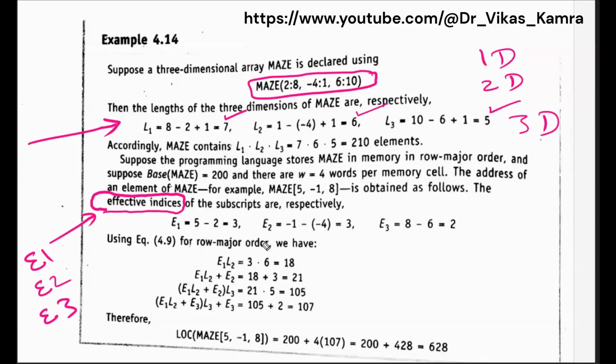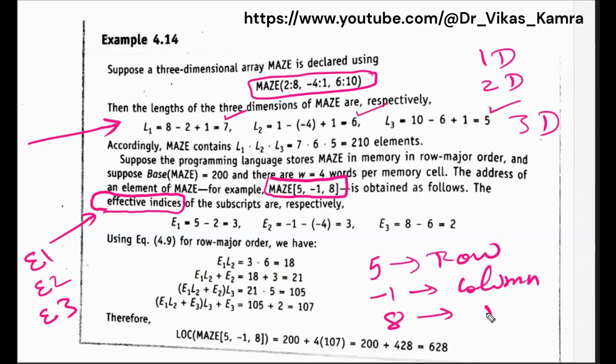So now, how to calculate effective indices? It is very important, so listen carefully. To find out the effective indices, you need the location for which you want to find out the address. In this example, the location is given as maze 5, minus 1, 8. You need to remember that here 5 is the row number, minus 1 is the column, and 8 is the page.